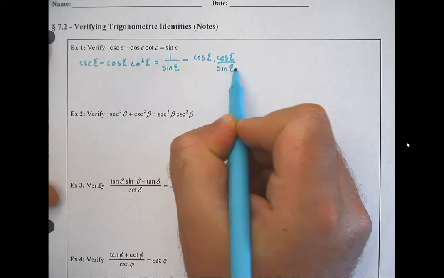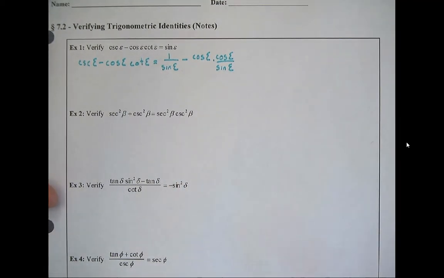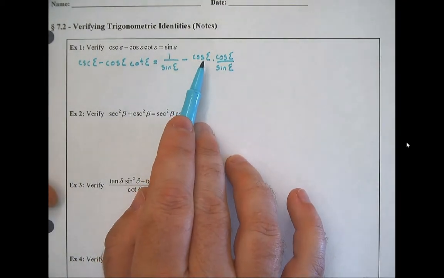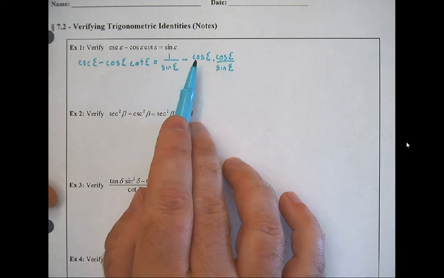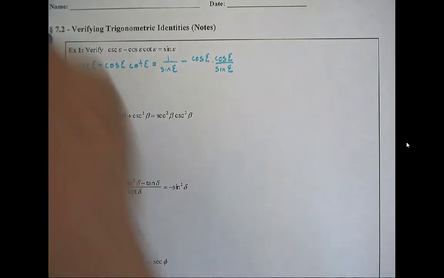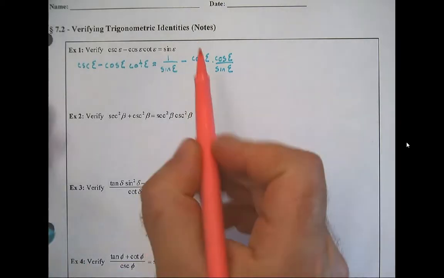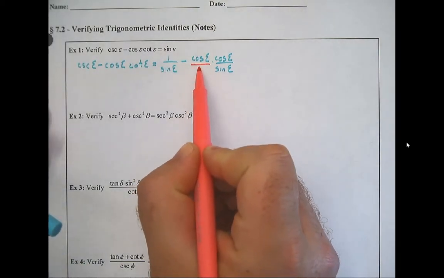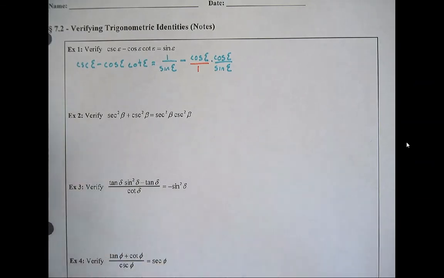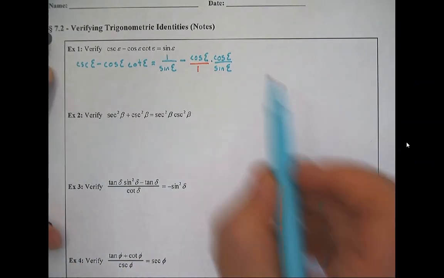Now notice how I wrote that cosine, the first cosine. I put it in a way that I knew I had fractions. So I usually like to write these so that you can tell that there's fractions involved. I also like to put the over 1 to help me remember that that's a fraction on the top.